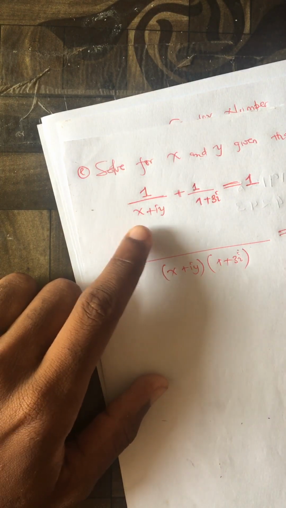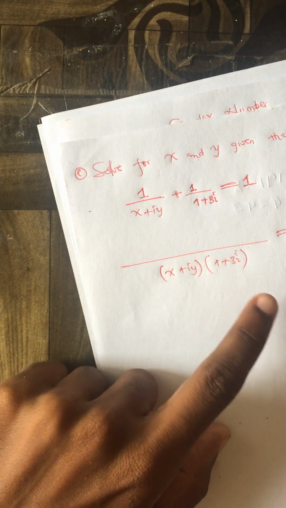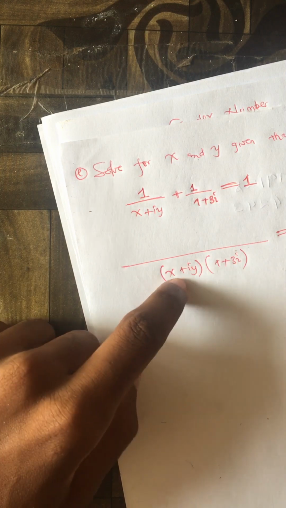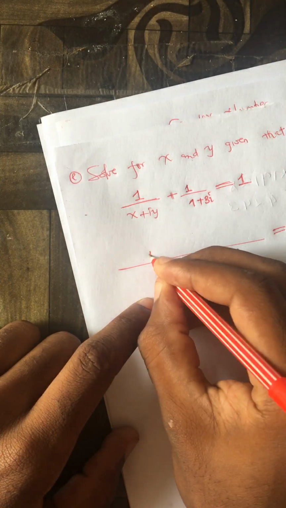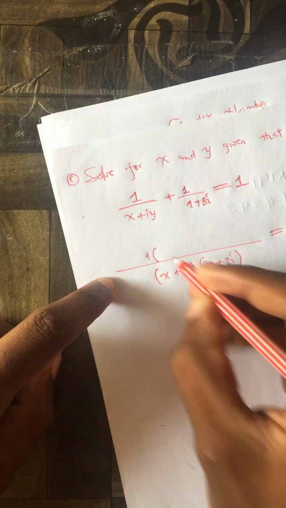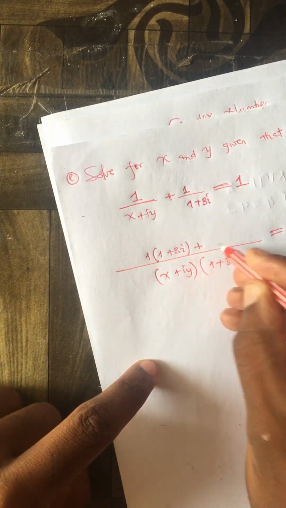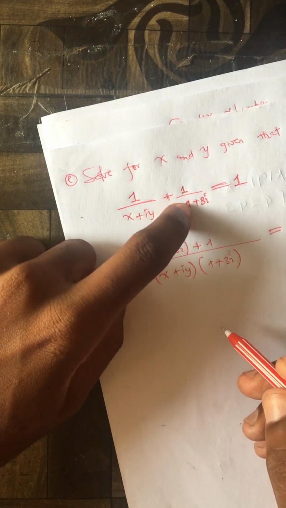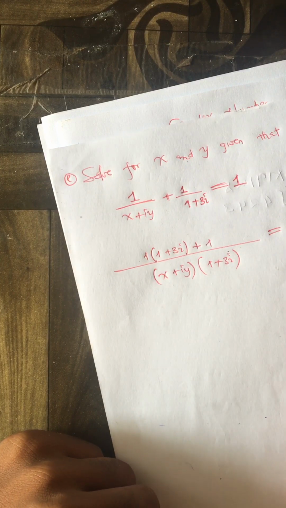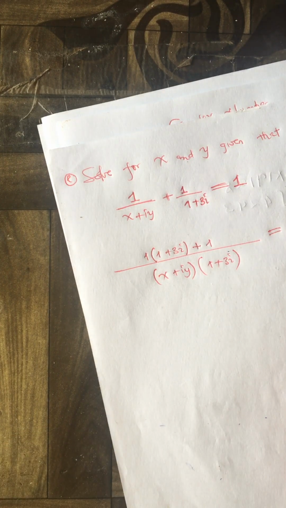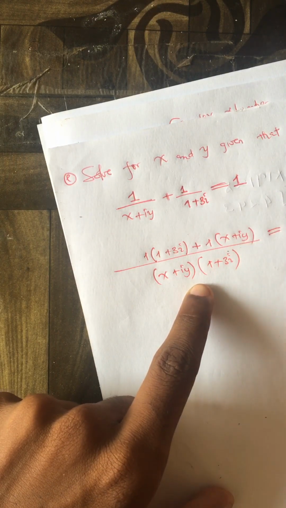Then x plus iy into x plus iy, 1 plus 3i. If this goes into this, you remain with 1 plus 3i. So the 1 you multiply with 1 plus 3i, then you maintain the sign plus, then 1 plus 3i into x plus iy. So you get x plus iy.